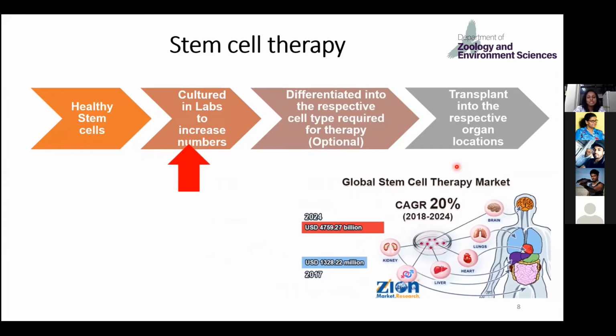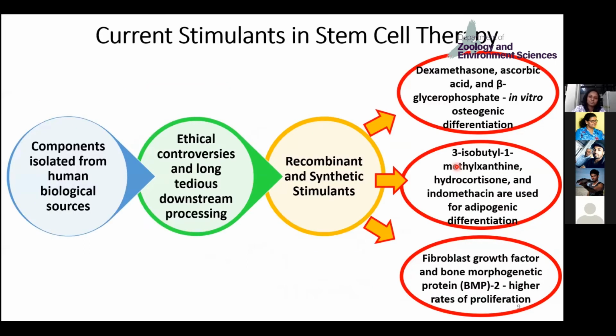So in our study and in our review, our focus is to tap onto this second step of the stem cell therapy pipeline, where we talk about the stem cell stimulants. We do have current stimulants to stimulate stem cells to increase their numbers or to differentiate their cell types. These stem cell stimulants were initiated with components isolated from human biological sources.